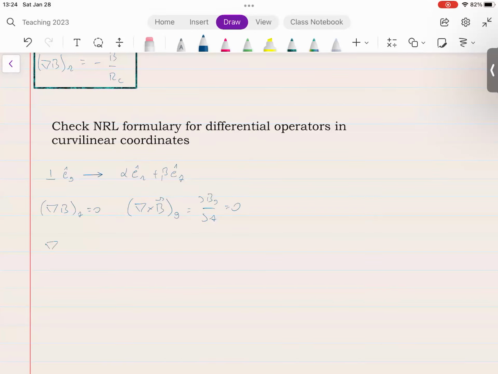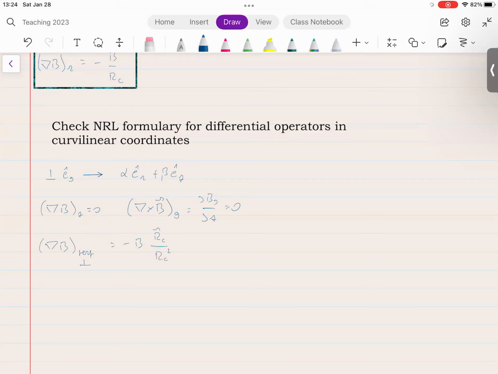In conclusion, the perpendicular component of grad B is equal to minus B R sub C over RC squared.